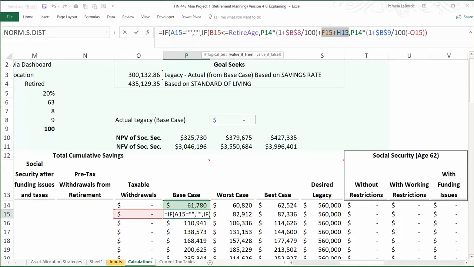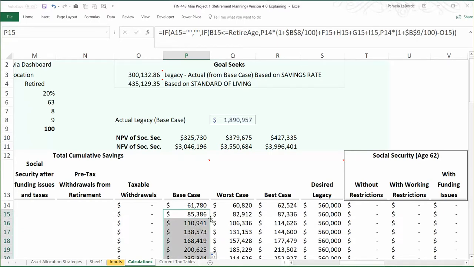And again, I have to include here G15 and I15 to deal with that same issue. And then otherwise, they are retired, so take the previous year's balance, increase it by the retired expected return for a year, and then subtract their taxable withdrawals, which are in column O15. And then this formula can be adjusted.